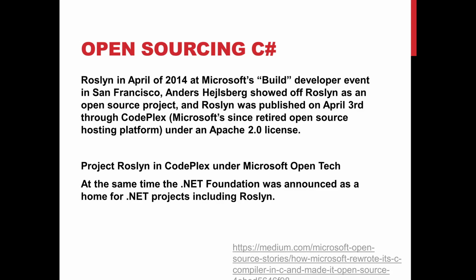And it really started releasing, and Roslyn is the code name essentially for the project to open source C# and what we eventually called .NET Core, which allows for cross-platform applications, and we'll talk about that in a little bit.